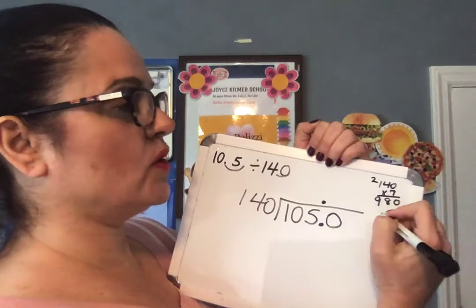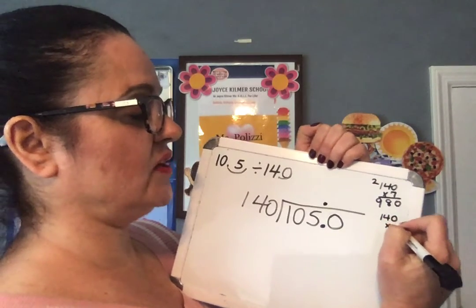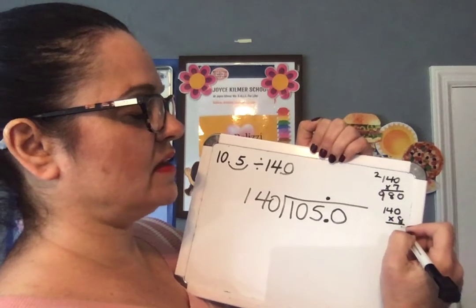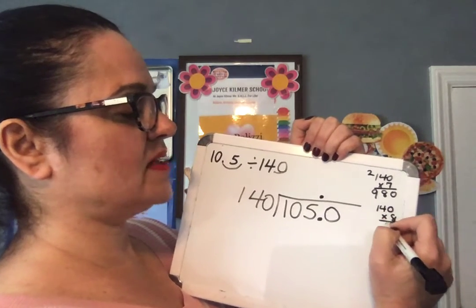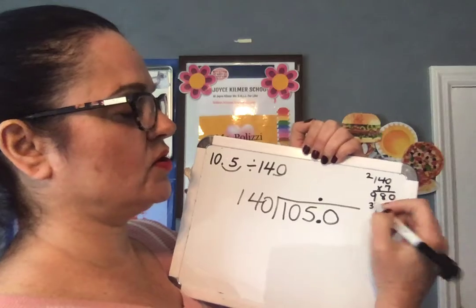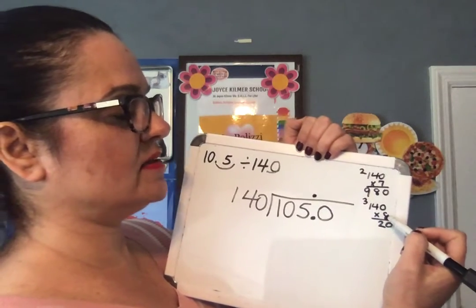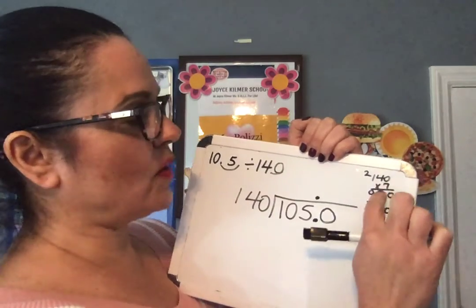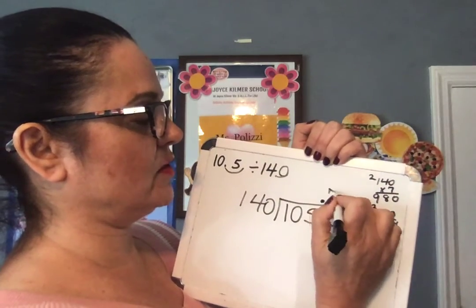But let me try 140 times 8 to see if it either equals it or if it's too big. 0 times 8 is 0. 4 times 8 is 32, carry the 3. 1 times 8 is 8, plus 3 is 11. That's too big, so I have to use the 7.